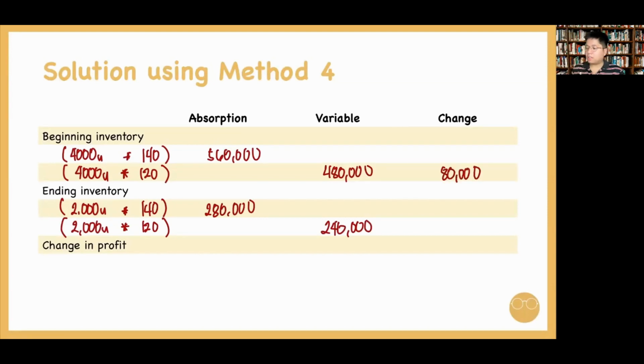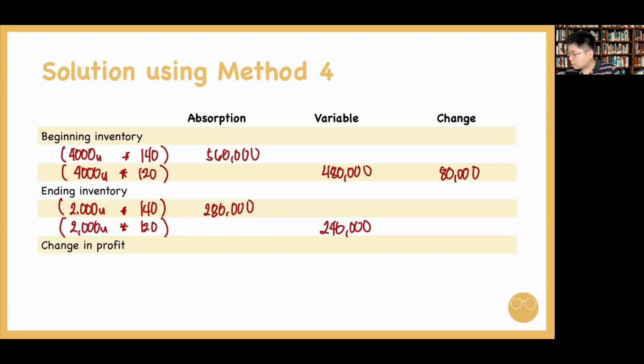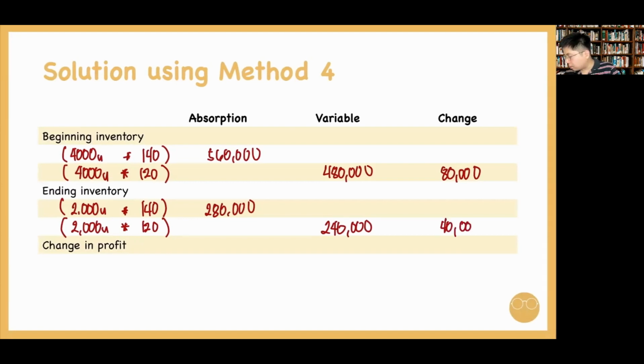For the ending inventory, 280,000 less 240,000 gives us 40,000. Therefore, our change in profit between variable costing and absorption costing using the beginning and ending inventory amounts is also equal to 40,000 pesos.